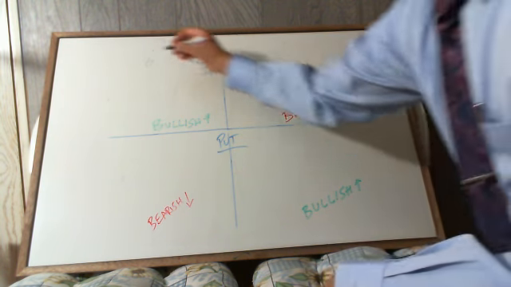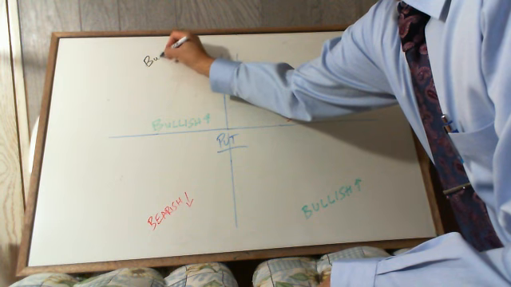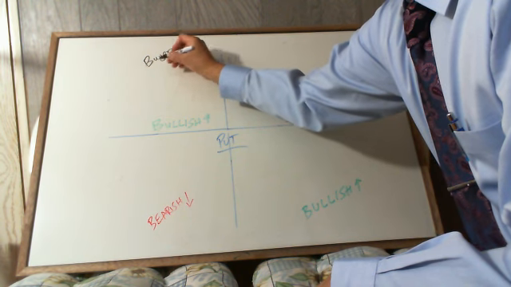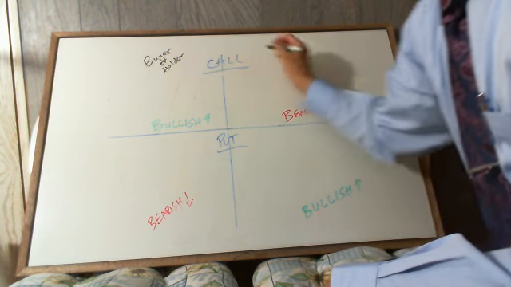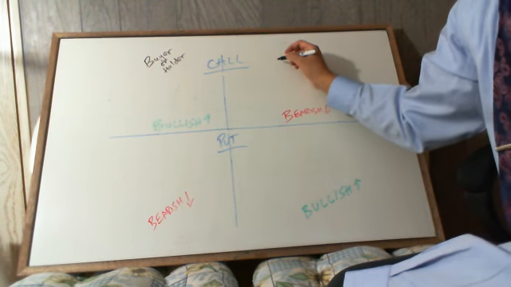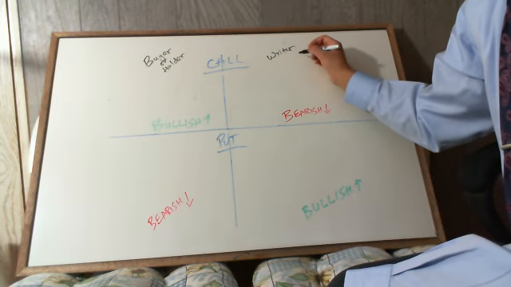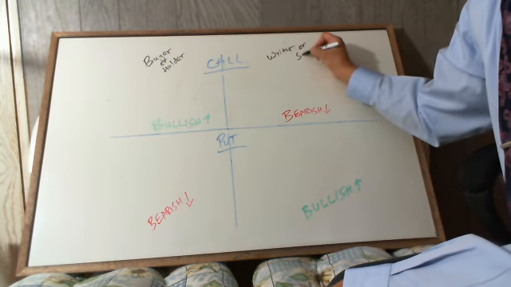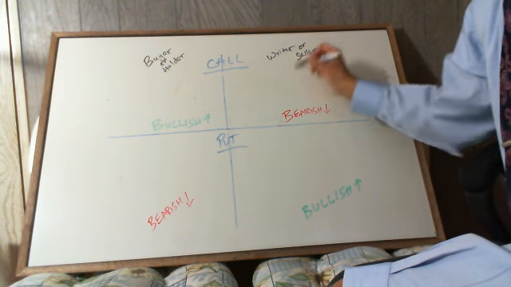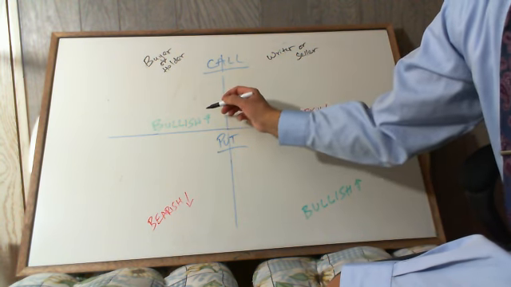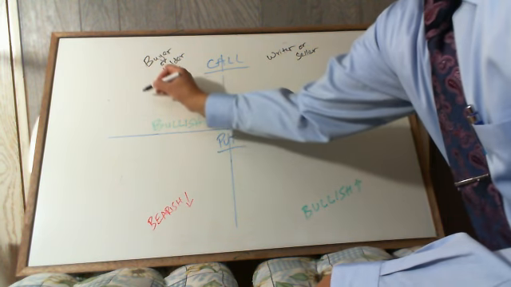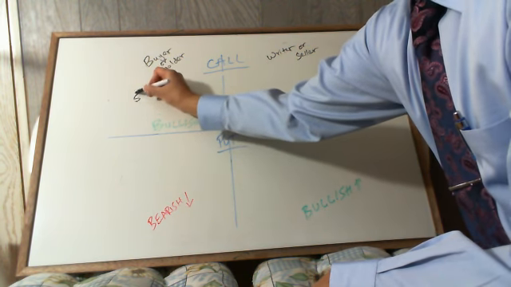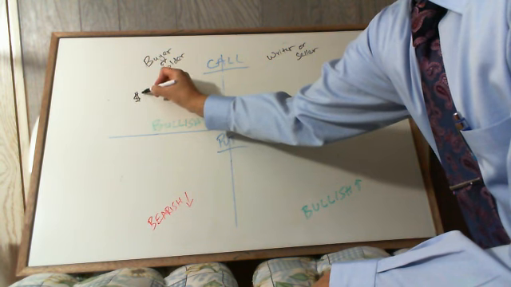The buyer will enter into a contract with this person, who is also called the writer of the call, or the seller. The buyer, who is bullish, is speculating. So this is a speculator. He expects the stock price to go up.